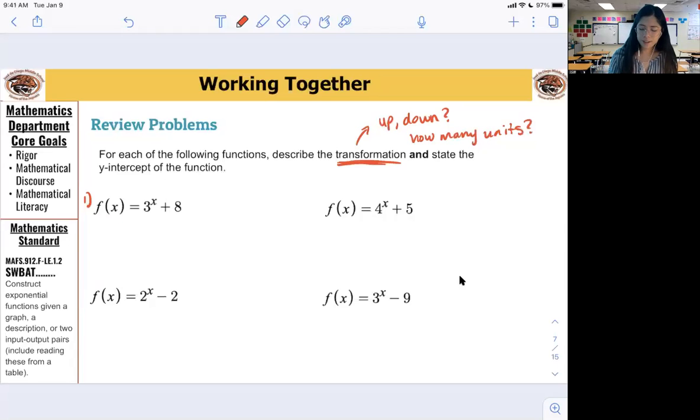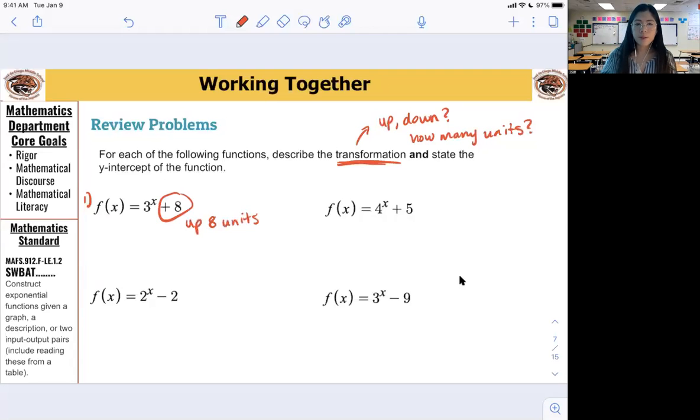Okay, so we're not sure. That's fine. It's right here. Up 8 units. That's it. That's all. It's very, very easy, but a lot of people forget. So I just wanted to go over this. So this transformation is just going up 8 units.